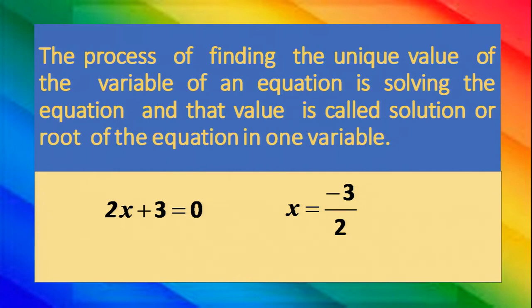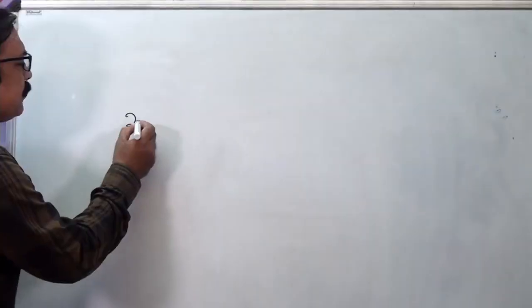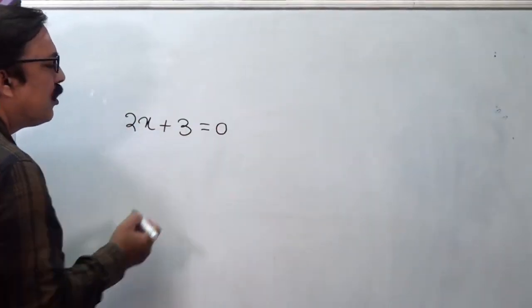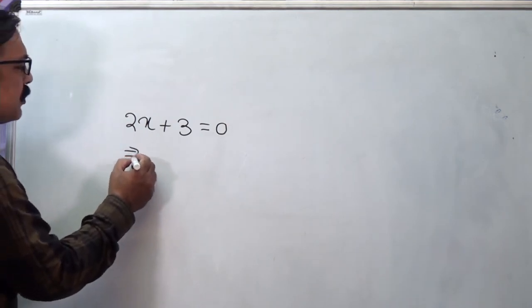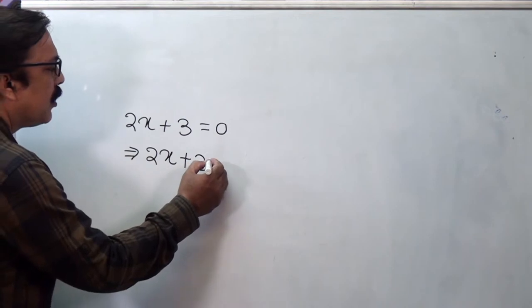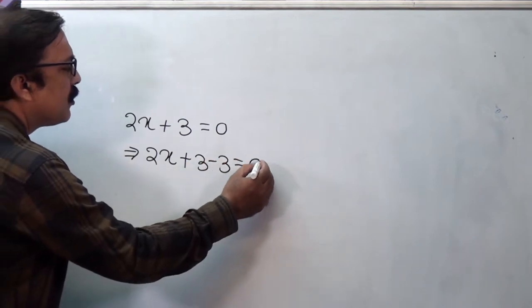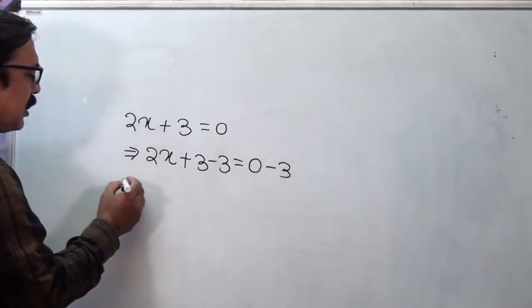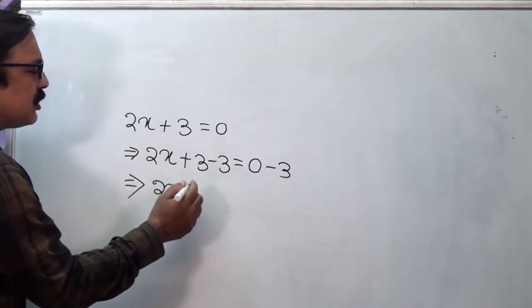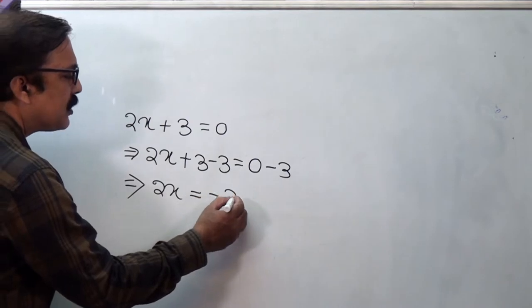Let's see how we get this x equal to minus 3 by 2. 2x plus 3 is equal to 0. This gives 2x plus 3 minus 3 is equal to 0 minus 3. This gives 2x, 3 minus 3 is 0, is equal to minus 3.